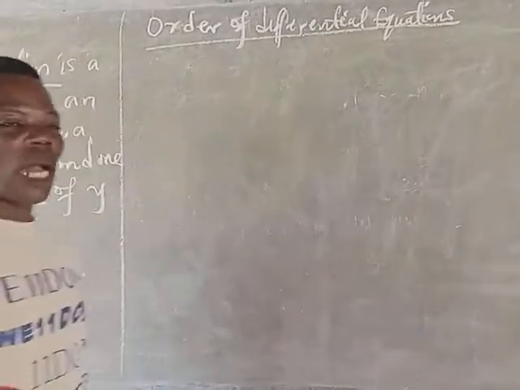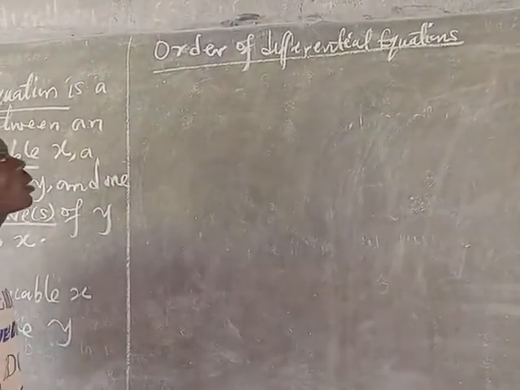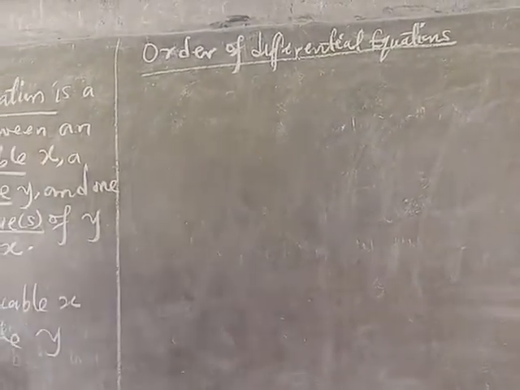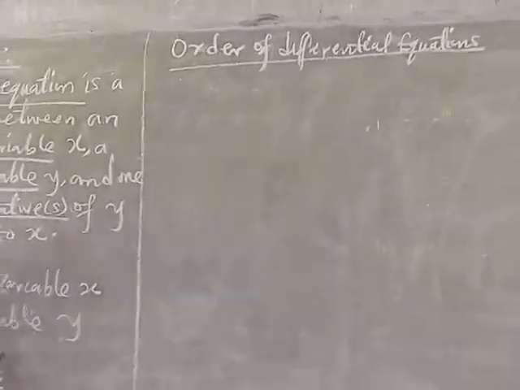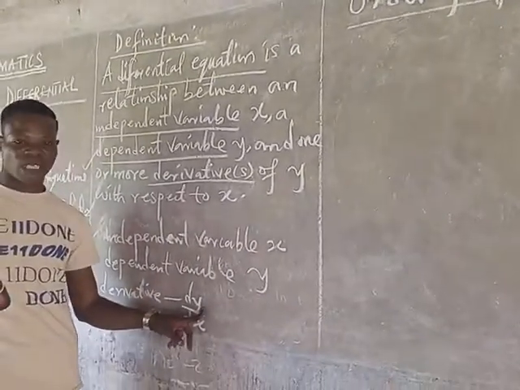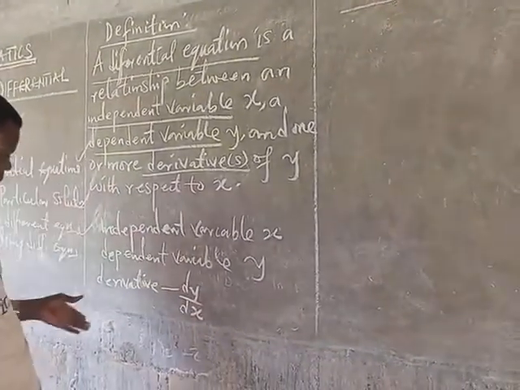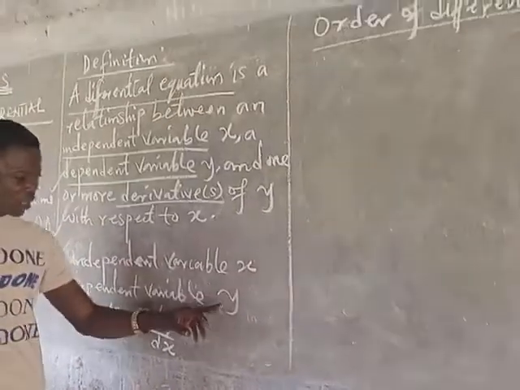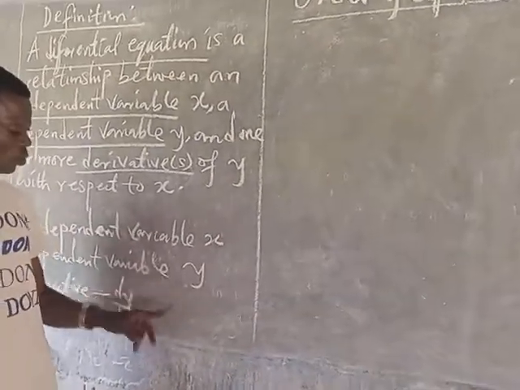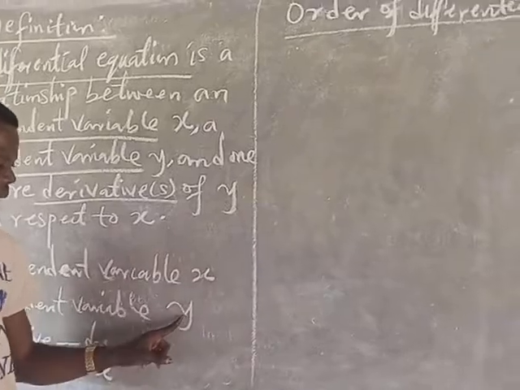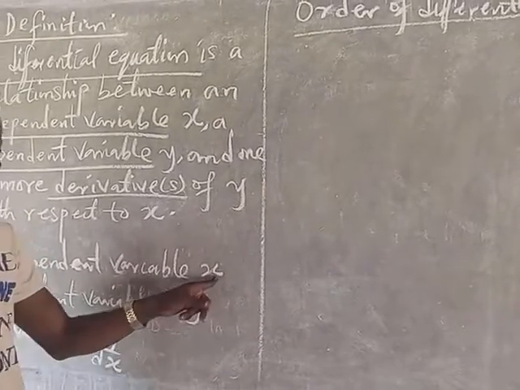When we say order of differential equation, it has to do with the order of the derivative. That is, how many times does this value of y change with respect to x.